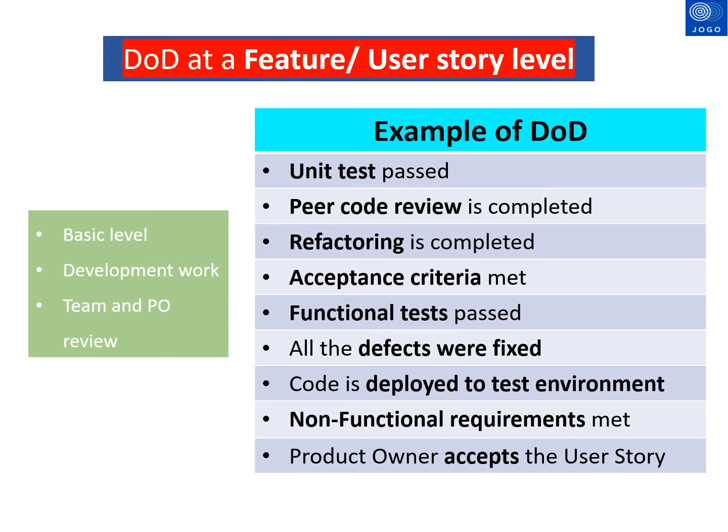Some examples are: unit test passed, peer code review is completed, refactoring is completed, acceptance criteria is met, functional test cases pass, all the defects were fixed, code is deployed to test environment, non-functional requirements met, product owner accepts the user story. These are all the examples of DoD at the feature or user story level.